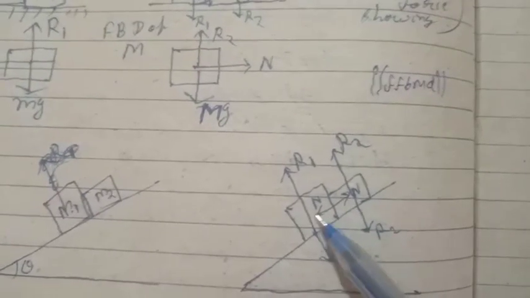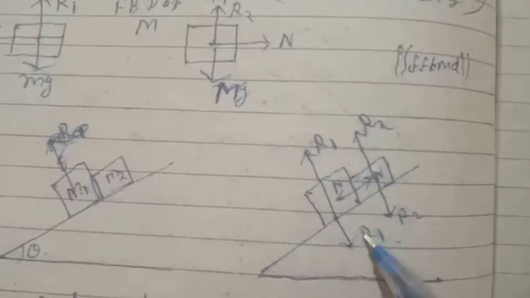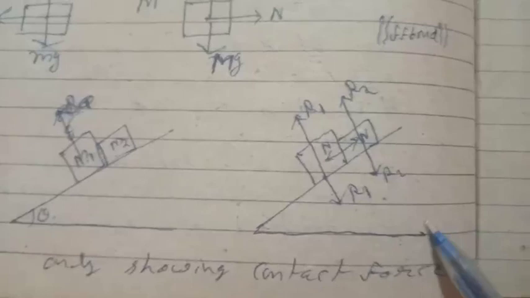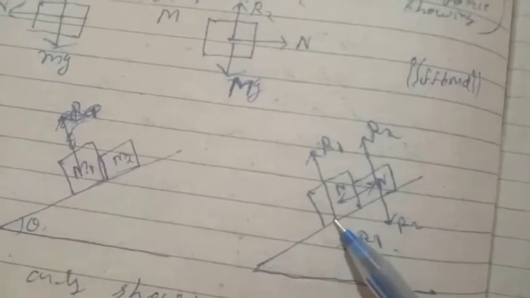Now the normal contact forces between these two bodies and the inclined plane and this body are R1 and R2, which are shown here in this diagram. Now we draw the free body diagram of this body.